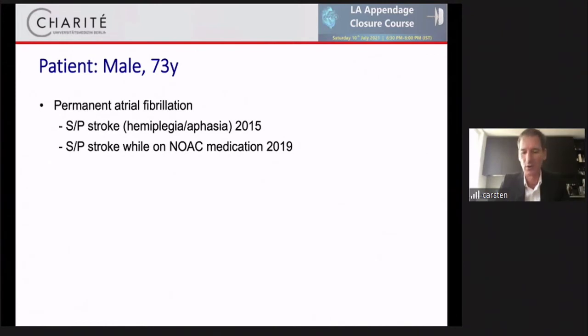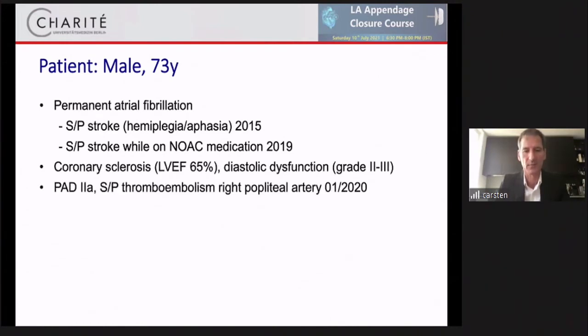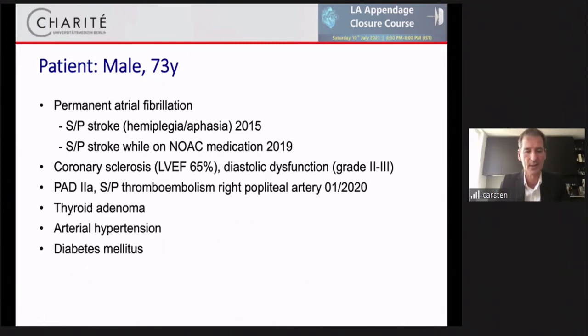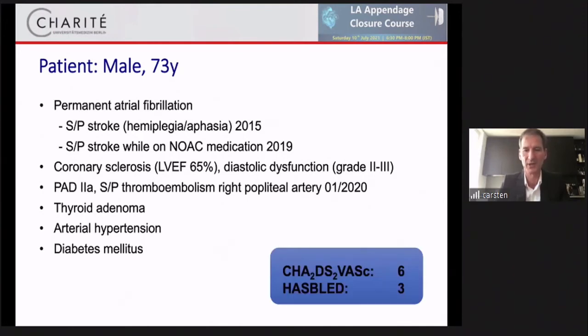He had 2 strokes, one while on a NOAC, and has peripheral artery disease. There are some thromboembolic events, arterial hypertension and diabetes, and that makes him a high-risk patient with a CHA2DS2-VASc score of 6.5, split of 3.